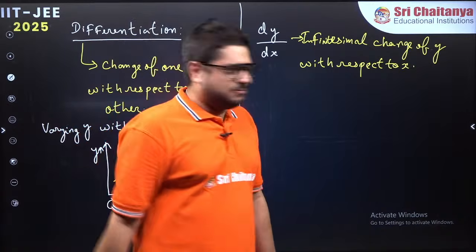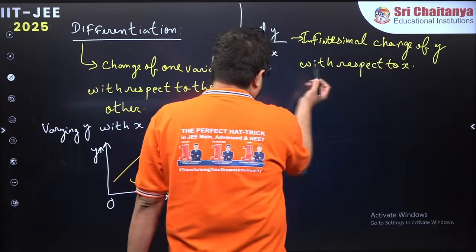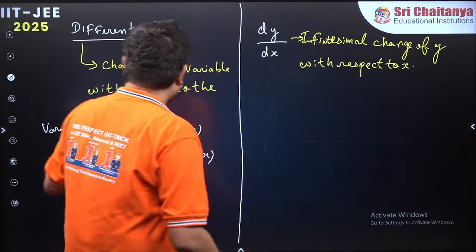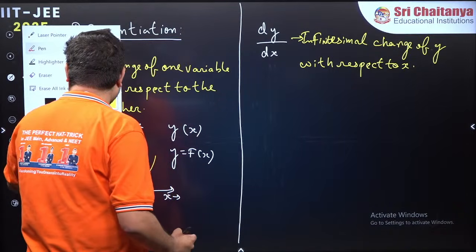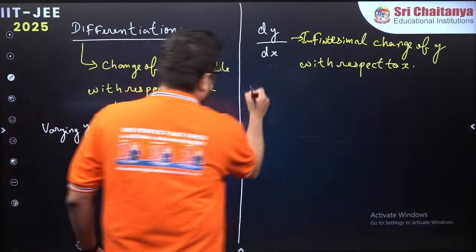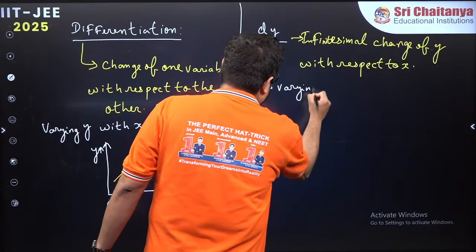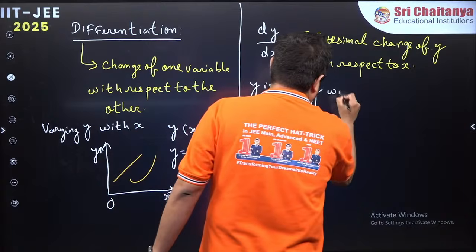That is, what is it actually? We are going to be knowing all the things one after the other. So in this context, we can see that y is varying with respect to x.